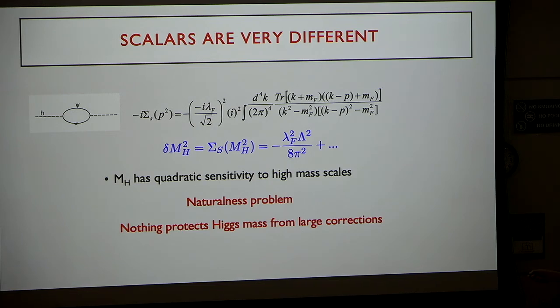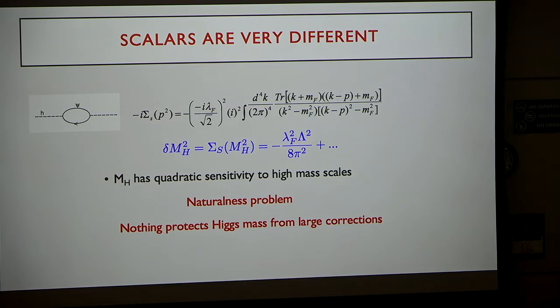But what happens is that the renormalization of the Higgs mass is proportional to lambda squared. It has a quadratic sensitivity to the high-scale physics. Back in the old days, we used to say that there was a quadratic divergence, but now we understand that a better way to phrase this is that if I cut off the theory, it has a quadratic sensitivity to the new physics at the UV scale.